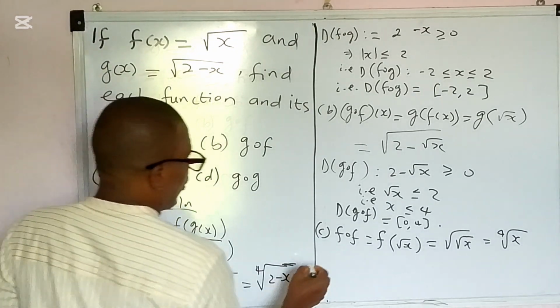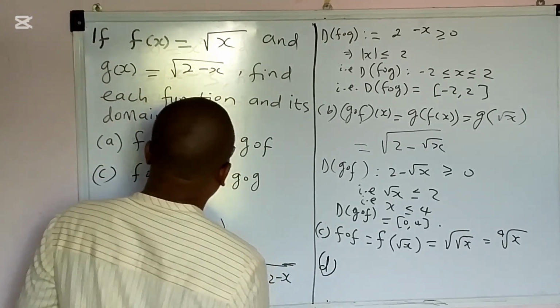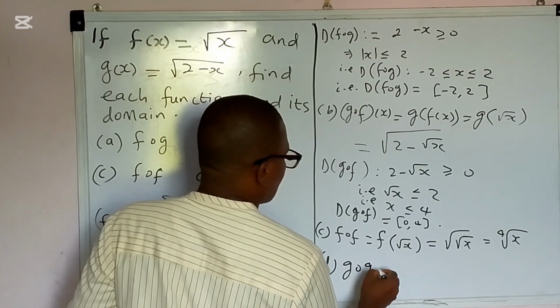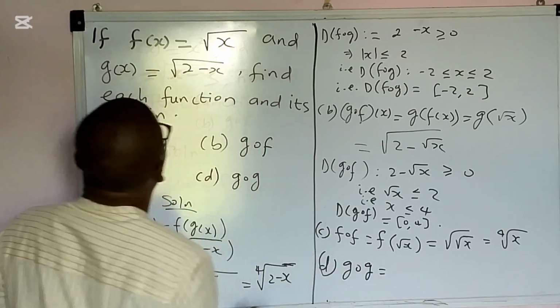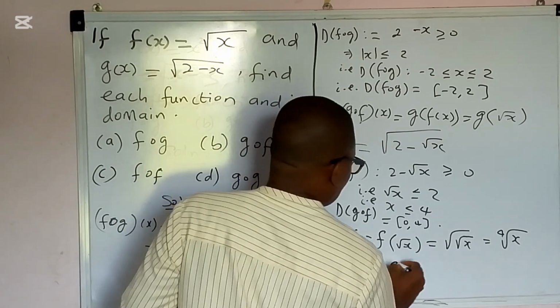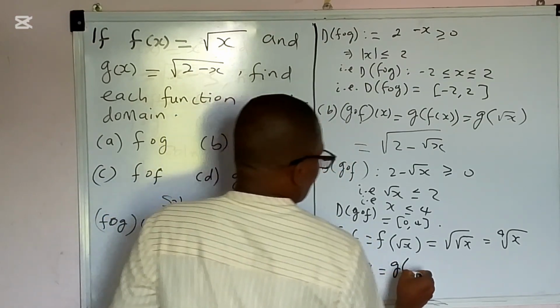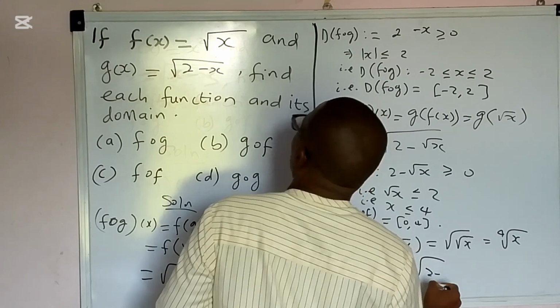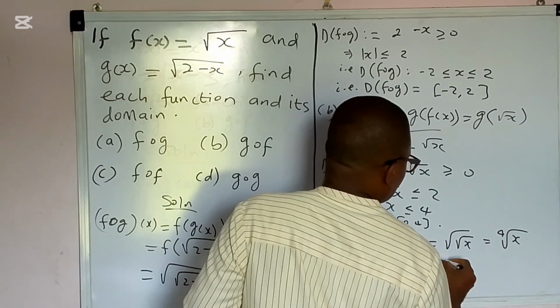And then for D, you have g composition g, which will be equal to g of root 2 minus x.